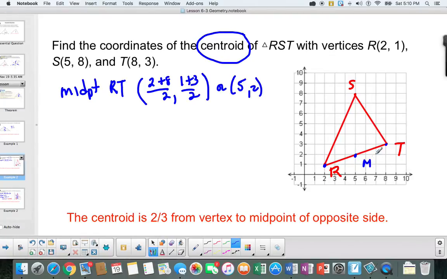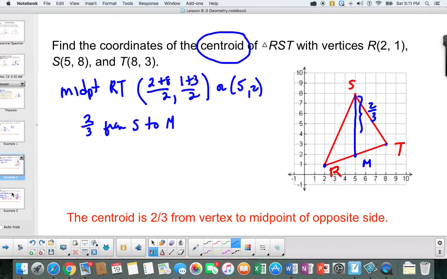Here's our midpoint. Now we're going to create the median, which is going to be just a line going straight down. And we want to find the centroid, we'll call it P, and it's going to be 2/3 of the way down, 2/3 from S to M. Sounds like a directed line segment, something we've been doing quite a bit.